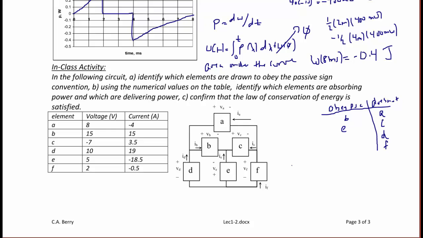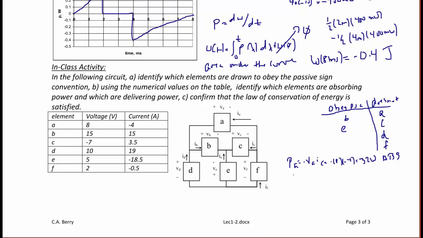So first, since A does not obey the passive sign convention, the power for A is negative VA times IA, which is negative 8 times negative 4, or positive 32 watts. So that means that element A absorbs power.